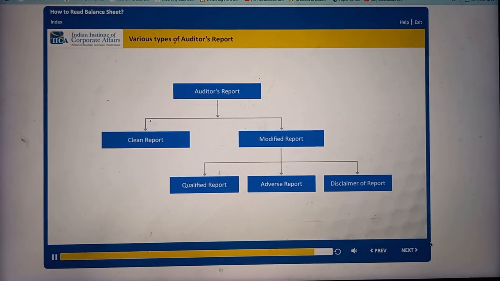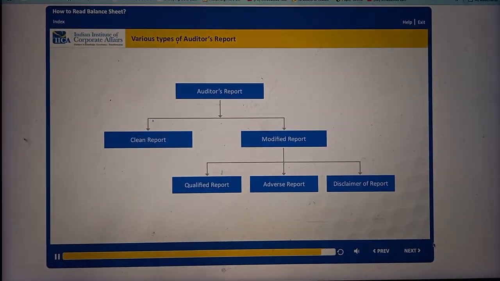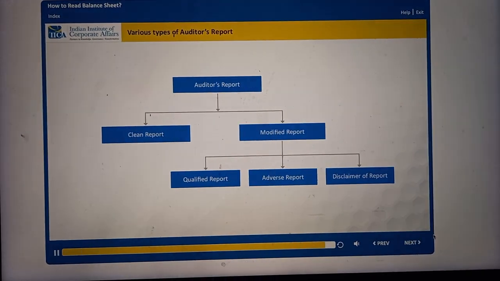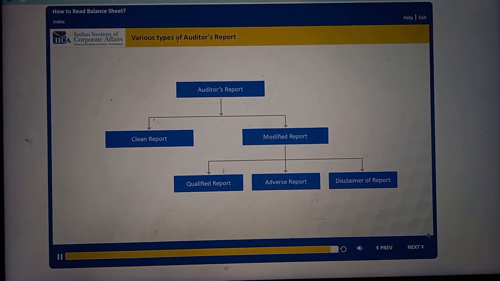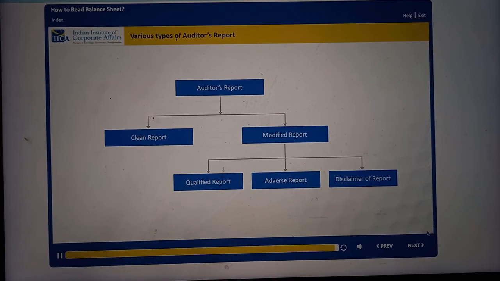And therefore, it is very important, friends, to read the complete auditor's report, because by reading it, you will come to know whether the report issued is a clean report, a qualified report, an adverse report, a modified report, or a disclaimer of opinion.